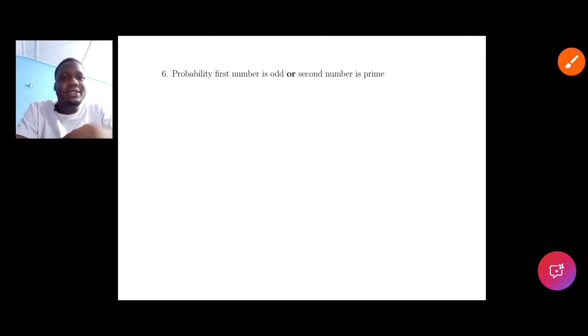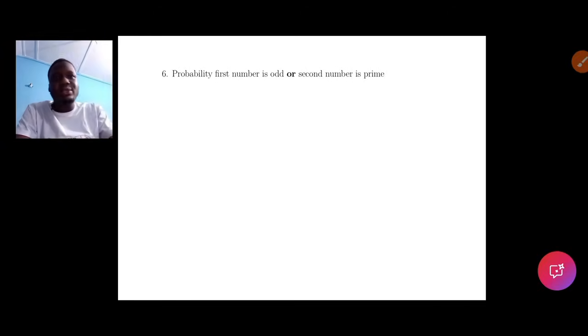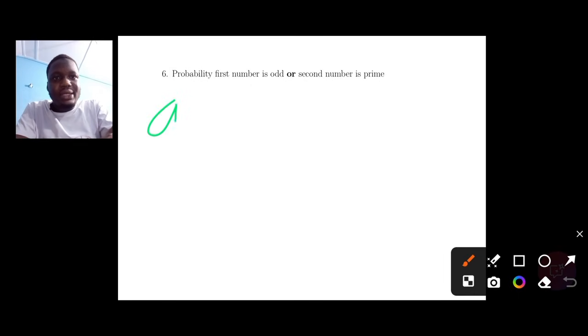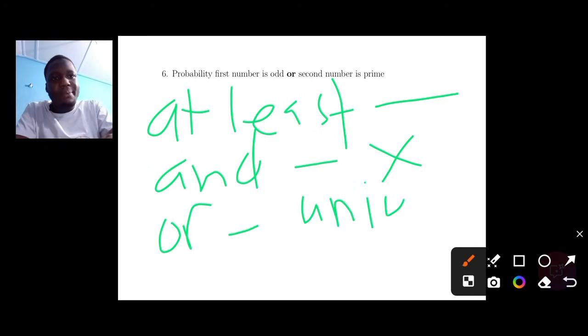Okay, good. So learn this language. I think that's all the questions for the replacement. So let's do a small recap. I mentioned that at least goes with complement, which is 1 minus none. And tells us to multiply. Or gives us a union, or tells us to sum.